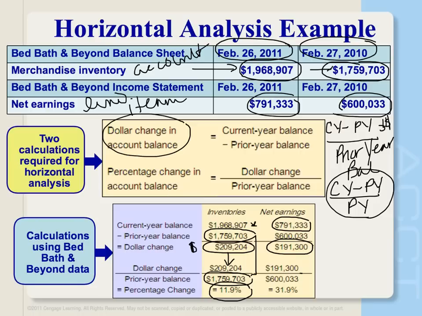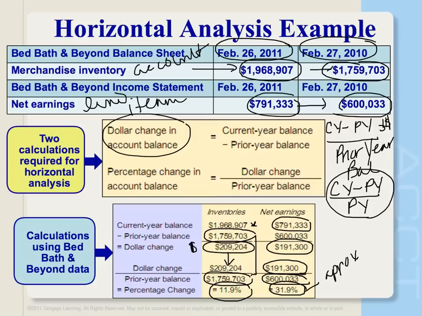You then take the $191,300 divided by the previous year balance, and you get 31.9%. So that means that the earnings grew approximately 31.9%. You can see that by doing this, we have a better idea than the numbers.